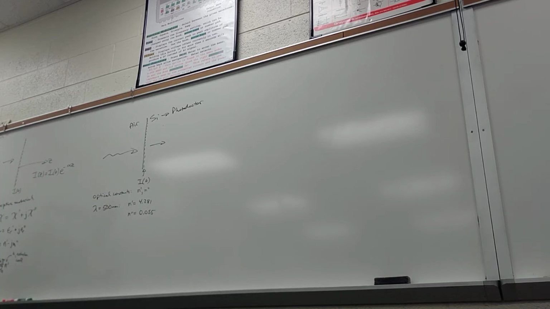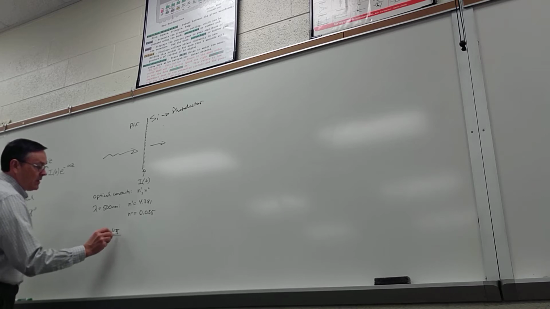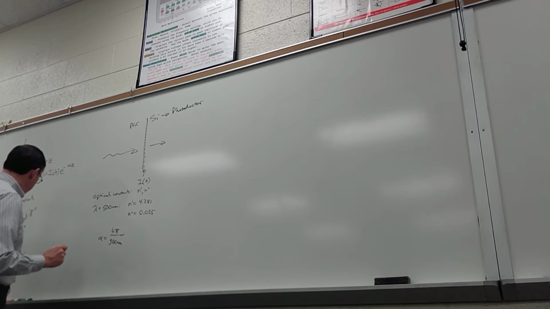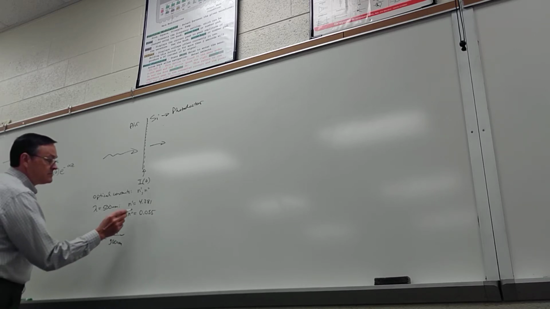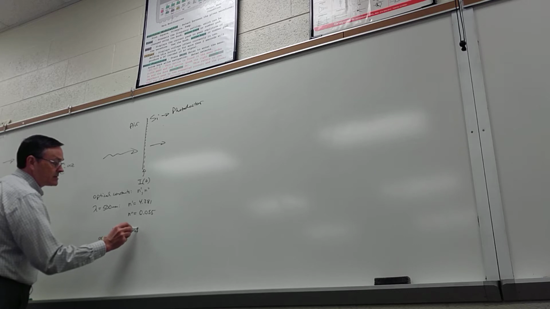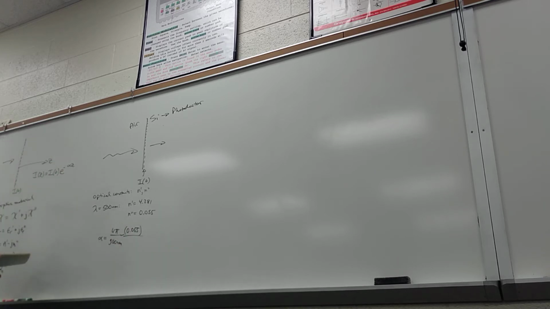And you look at that and you say, wow, 0.055 compared to 4.281? That's really small. And yeah, it is small, but it is not negligible. Because if we calculate the absorption coefficient here, we've got 4 pi over 500 nanometers, and then we've got the imaginary part of the refractive index, 0.055, and then usually we want inverse centimeters, and right now we've got inverse nanometers.